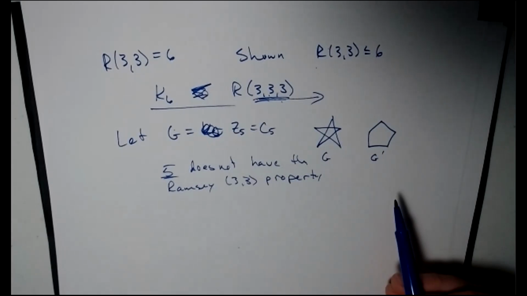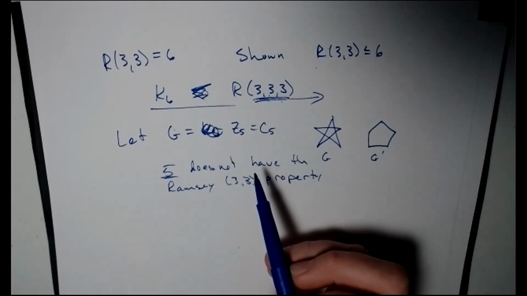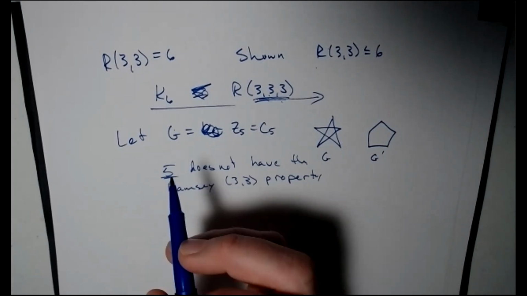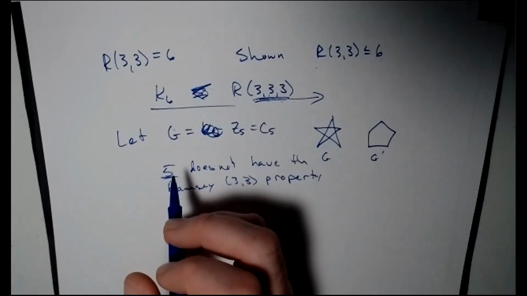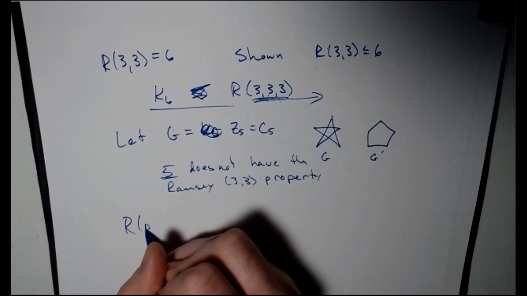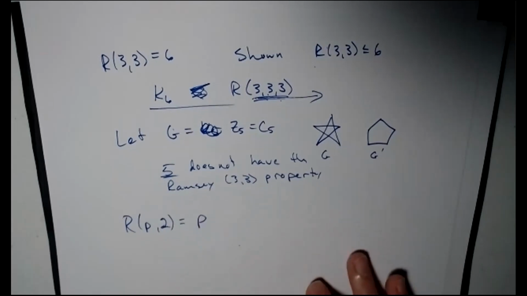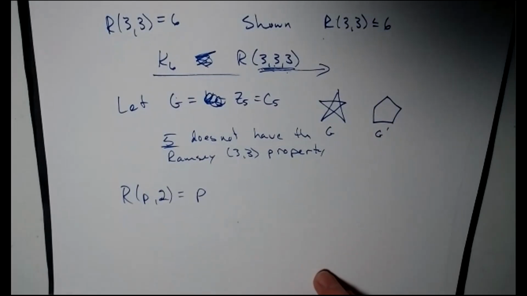So how about this? How about corollary 3.29? The Ramsey P2 number equals P. See how we would show that.